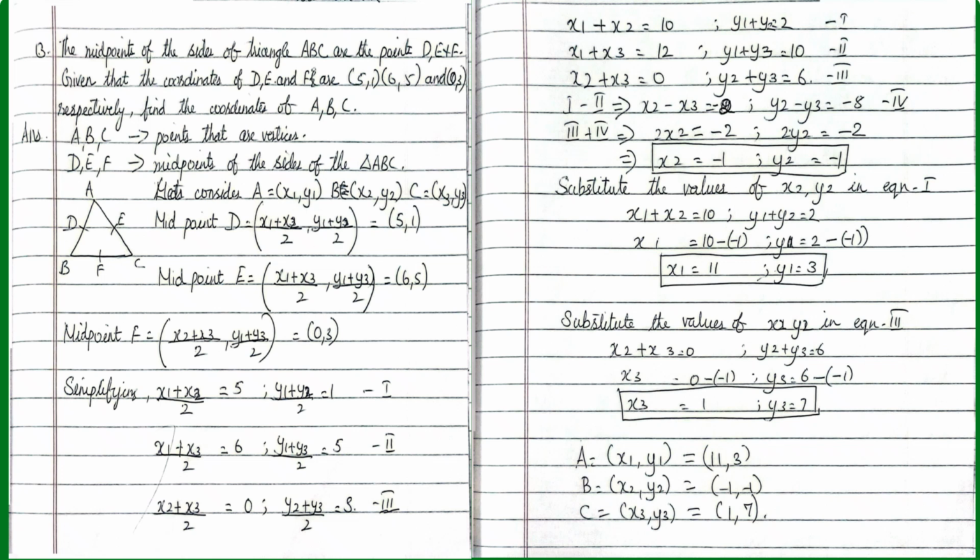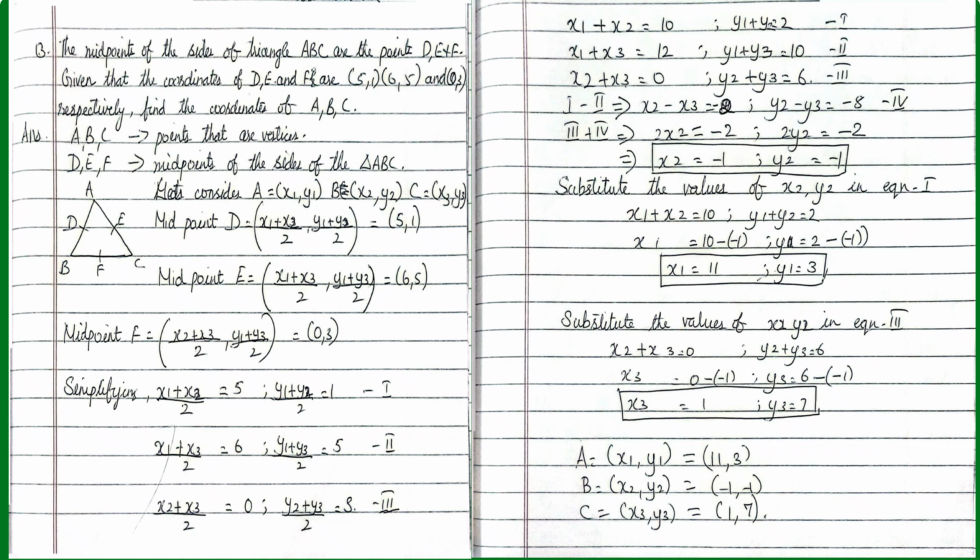Adding equations 3 and 4, we have x2 plus x3 is equal to 0 in equation 3 and x2 minus x3 is equal to minus 2 in equation 4. So adding these two, what do we get? We get 2x2 is equal to minus 2 and 2y2 is equal to minus 2. Simplifying, we get the value of x2 to be equal to minus 1 and y2 to be equal to minus 1.